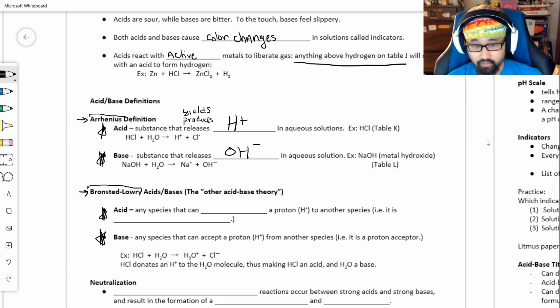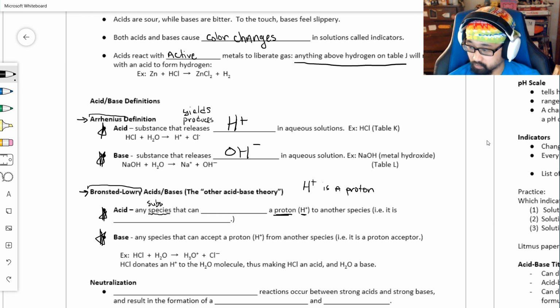The second version is what does it do with protons, or what does it do with H+. H+ is a proton, just for reference, all right? I want you to do something here. If you see the word species, replace it with the word substance. So when you read the word species, I need you to think substance.